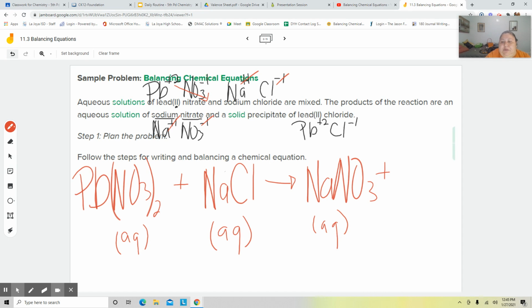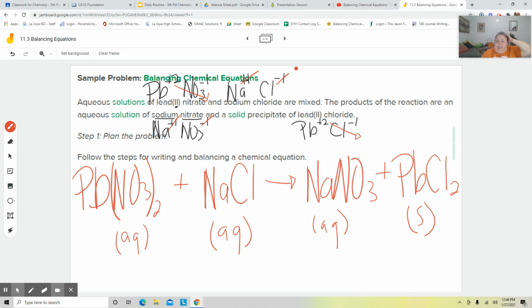And then Pb, well, I got a 2 and a 1, so that's not going to cancel. So it always crosses down. So you end up with PbCl2. And of course, it says it's a solid lead-2 chloride. So that's your formula.